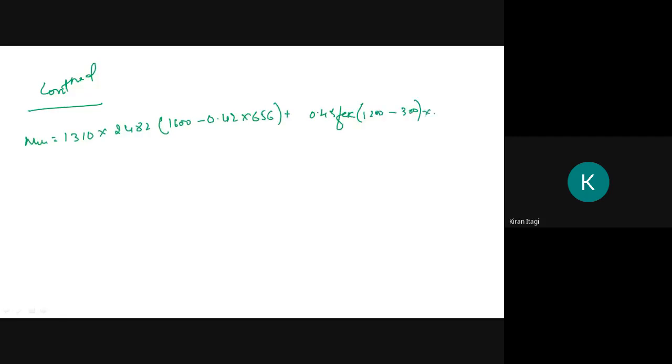Df it was 150. 1600 minus 0.5 into 150. If you solve, Mu will be 8011 kilonewton meter. Sir, I got 8012. Okay, no problem, Akshata. Good.